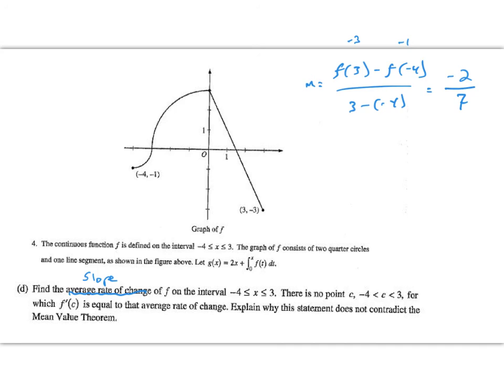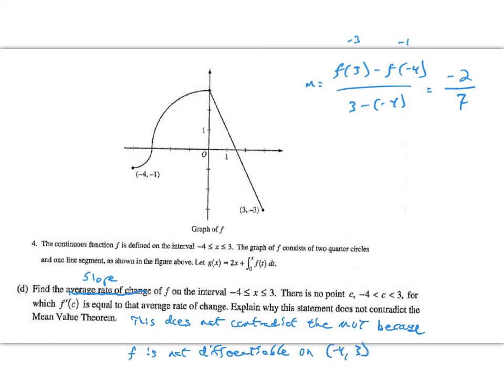So this does not contradict the mean value theorem because f is not differentiable on negative 4 to 3, not inclusive. Okay, so that's the reason why that's the case. Nice little review of Unit 5 there. All right, folks, that's that question.